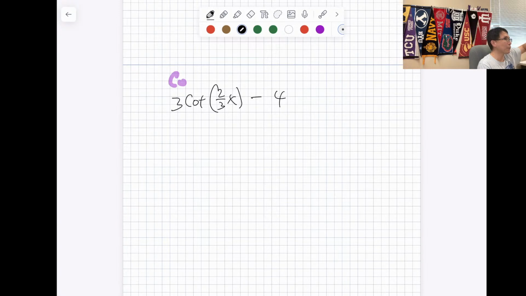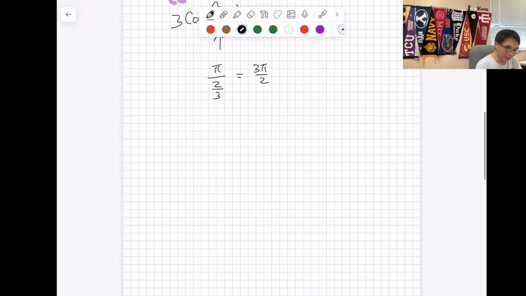So your next value is going to stretch 3 times more, and the -4 is the midline, so it's going to shift the whole graph down 4. But mainly you have to be able to tell the period, which is pi over 2 over 3, which is 3 pi over 2. Is that okay? So 3 pi over 2 is the distance from asymptote to asymptote.